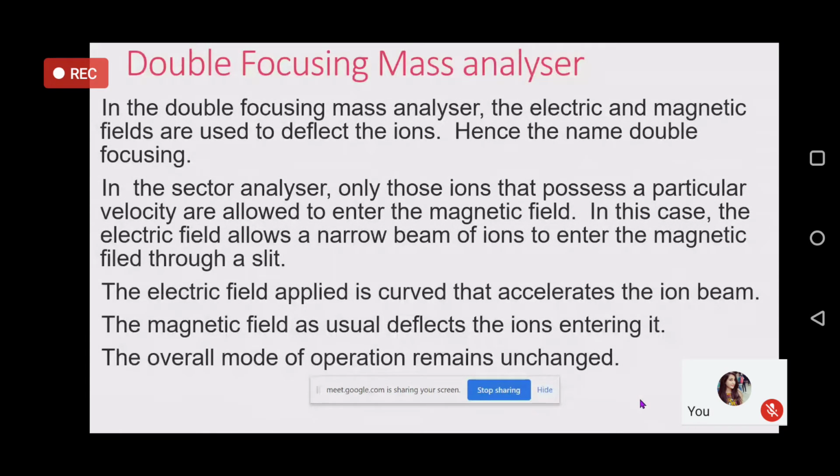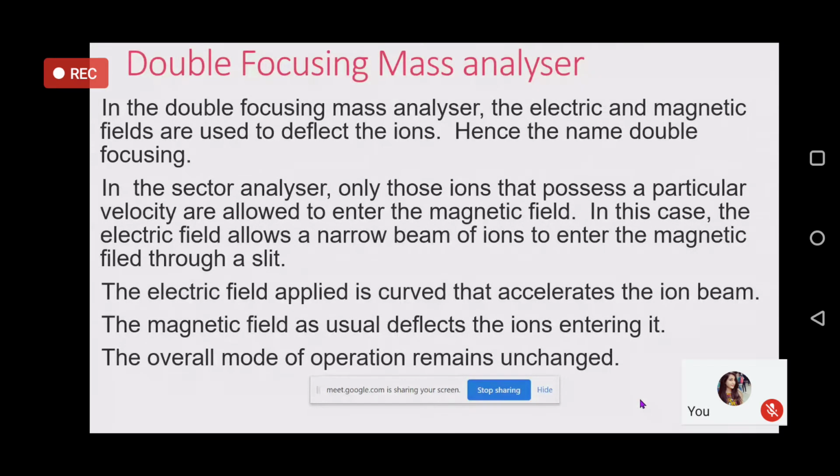So all of them will reach the same energy because they are accelerated through the same field. And the energy input is common for all ions of different m by z values. That is what we are assuming. And then we are saying that the energy input is equal to 1/2 mv square.